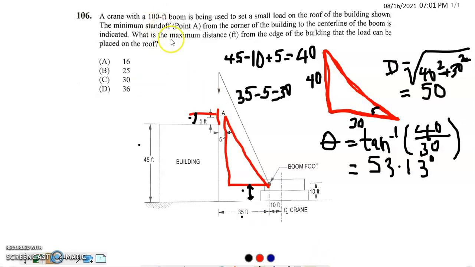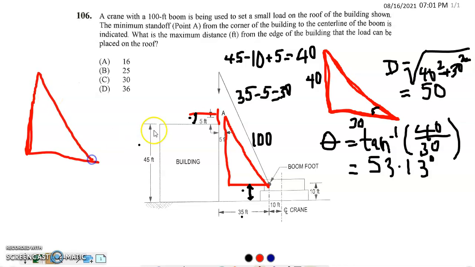So they gave us the whole length for the boom is 100. And we just want to find the horizontal. So basically I have to redraw another. Let me change this to red. Let me just draw it over here. So this one is the bigger triangle.